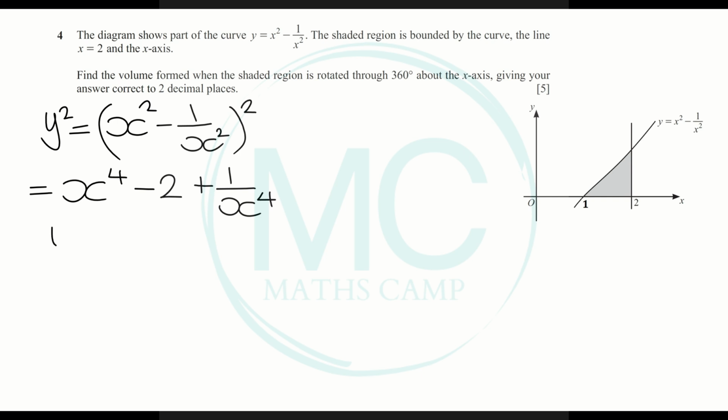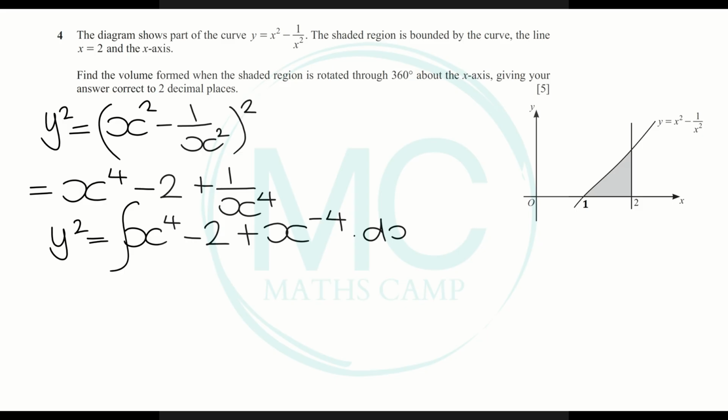So let's rewrite this as y squared is equal to x with an exponent of 4 minus 2 plus x with an exponent of negative 4. And now I can integrate. I'm going to get x with an exponent of 4 plus 1, which is 5, over 5.